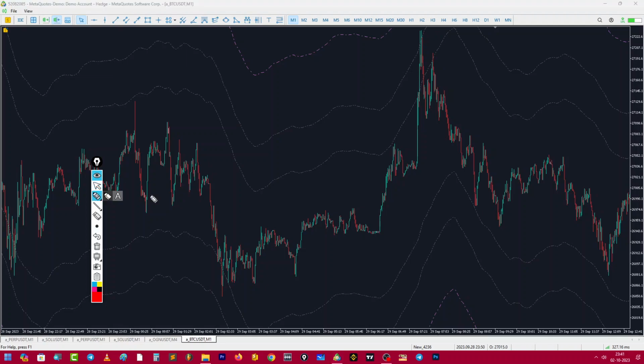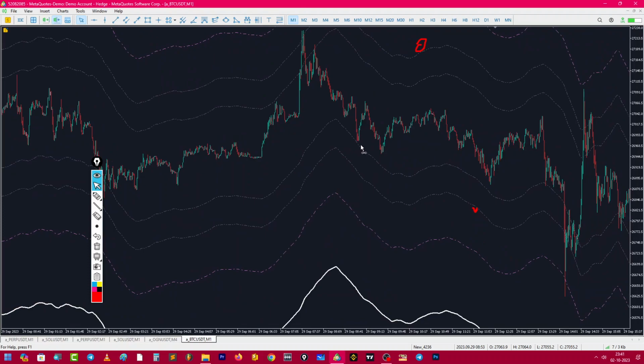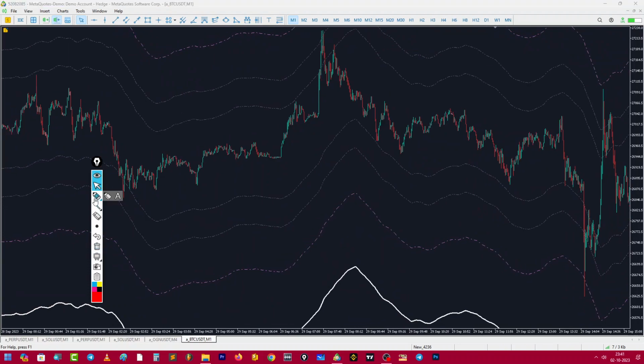When price is in internal zones, you can see price touching this level and coming back, it has to come to this level. Okay, so in this case you can see finally price came to this level.